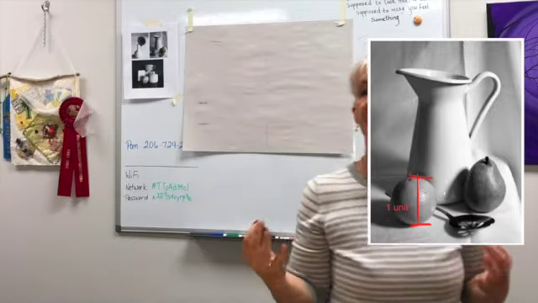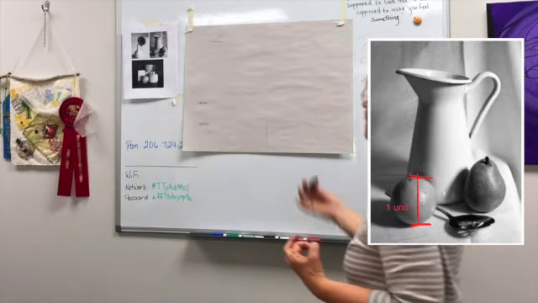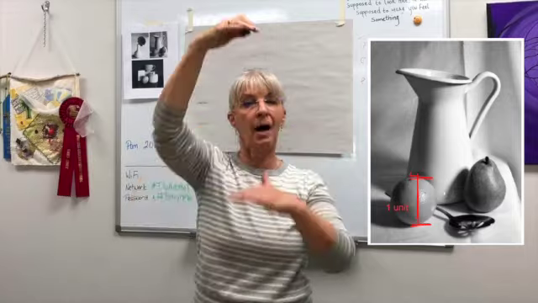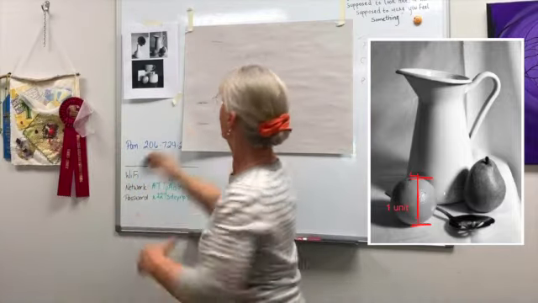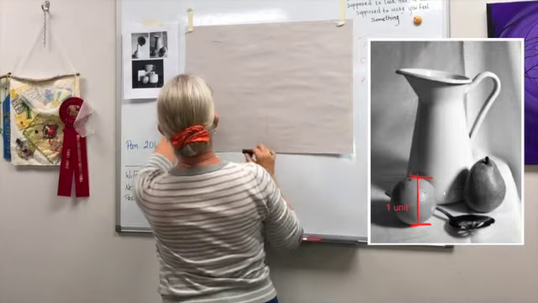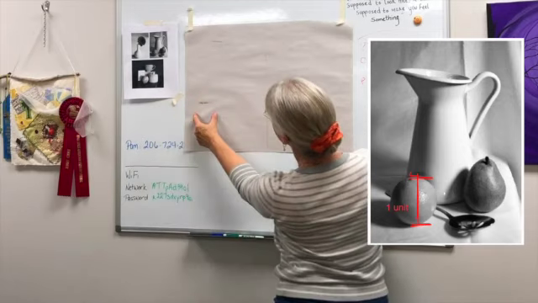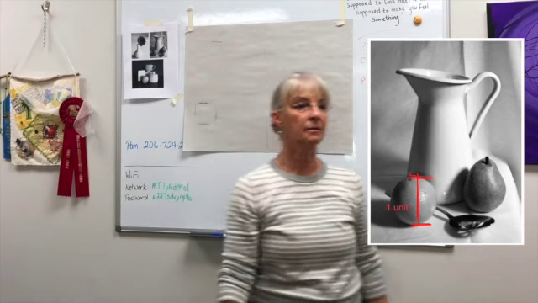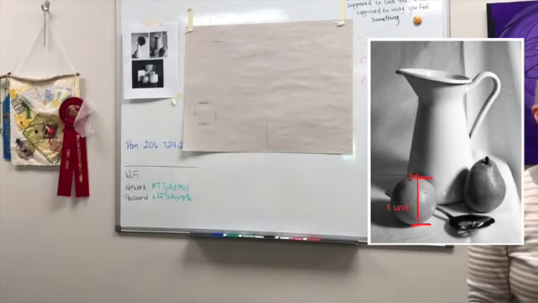All I'm doing now is tick marks, little tick marks to help me measure. I also know that the orange is about as wide as it is high. So if it's this high, it's gonna be that wide. My orange is gonna fit in there. This is not a shape, this is just tick marks.